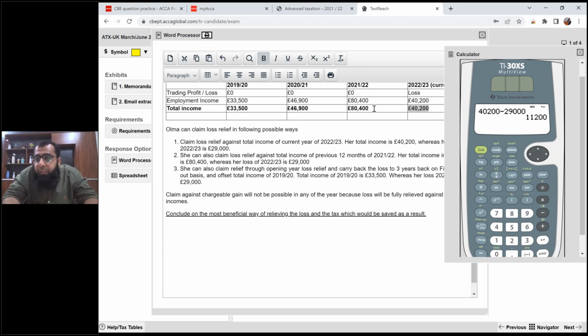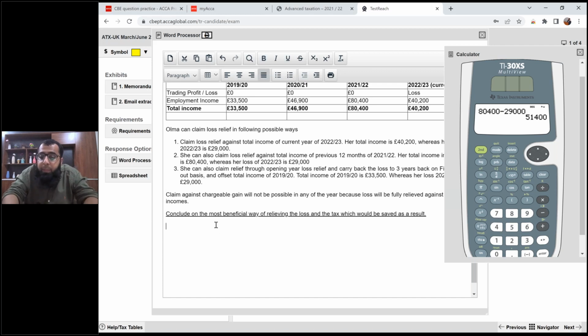If you claim the relief in 21-22 against 80,400, what will happen? If you claim the relief against 80,400 minus 29,000, your allowance will not be wasted and you will remain in the higher rate band, which means that if you claim the relief in the previous year, you will get relief at the higher rate.